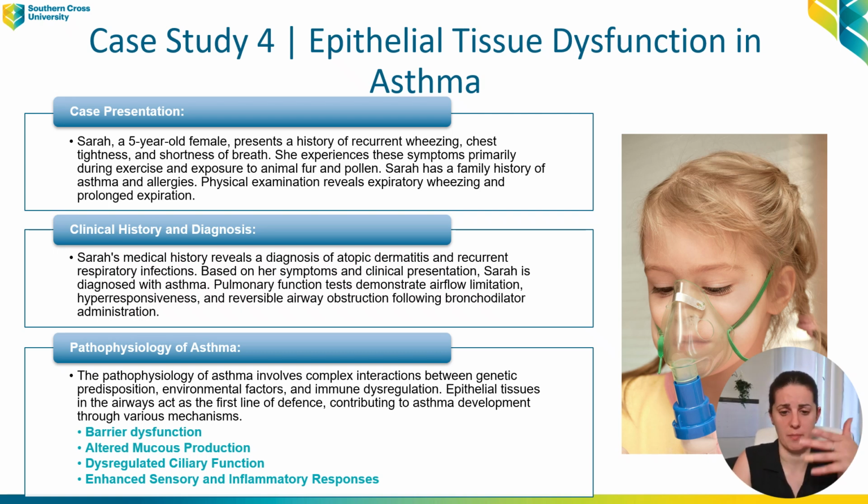But what's actually happening is the epithelial tissues are being significantly disrupted. And that's happening by barrier dysfunction, altered mucus production, dysregulated ciliary function, and enhanced inflammatory response. And we're going to walk through each one of those in terms of what it looks like.